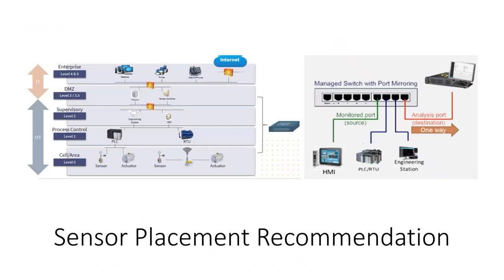The goal is to be able to see most, if not all, of the OT traffic, and that is the strategic place to place your sensor. Typically, we see 1 sensor per site, but there are always exceptions to the rule. We can accommodate it if there needs to be more than 1 sensor in 1 site.